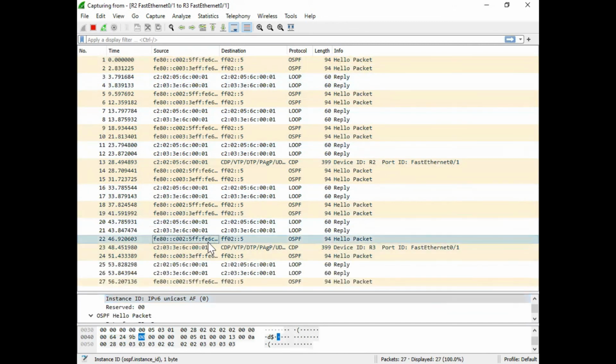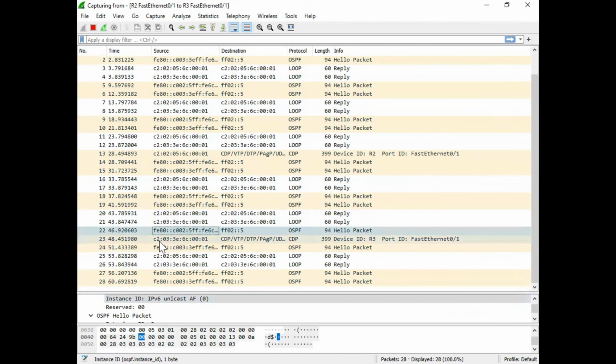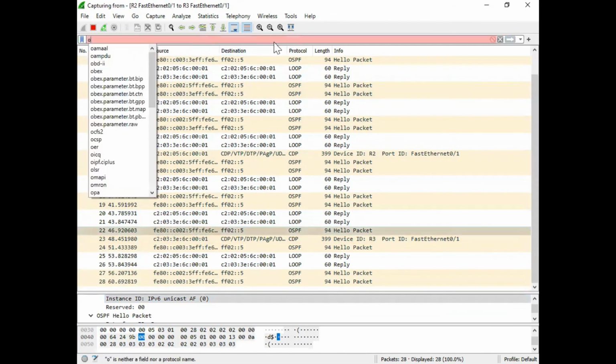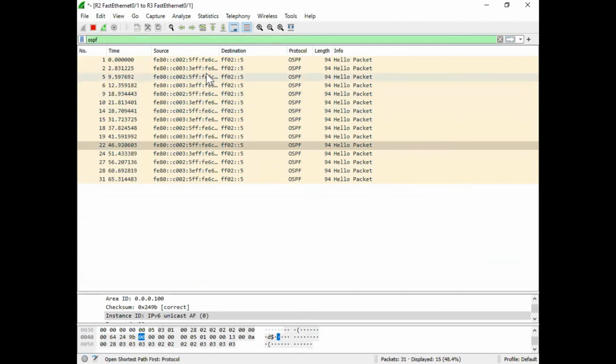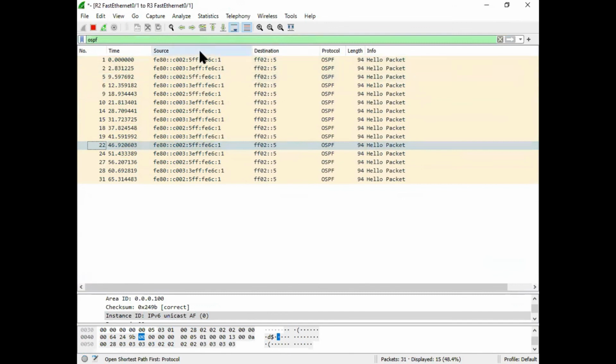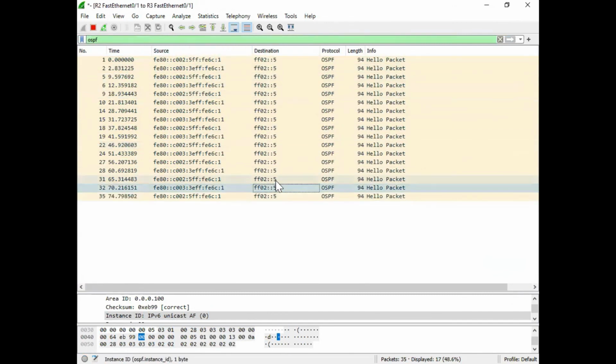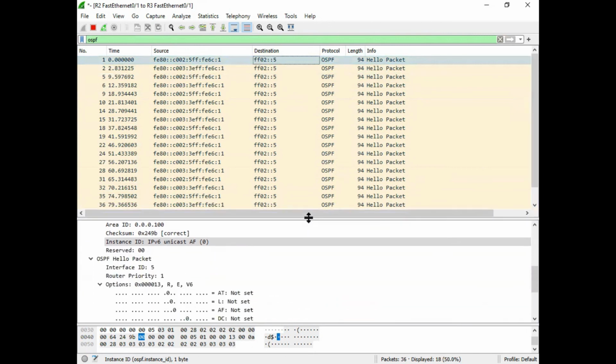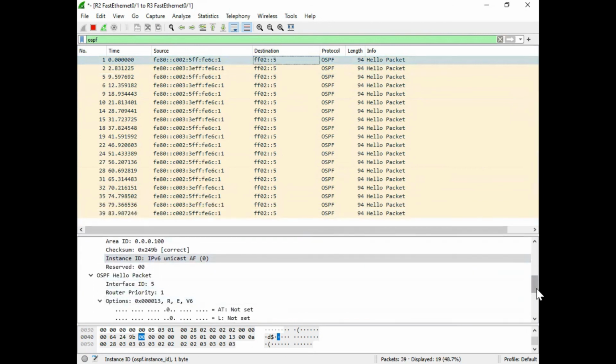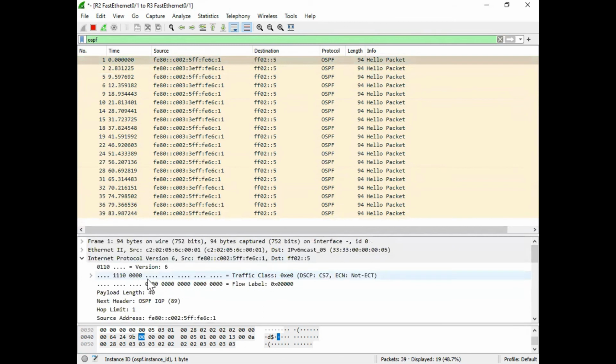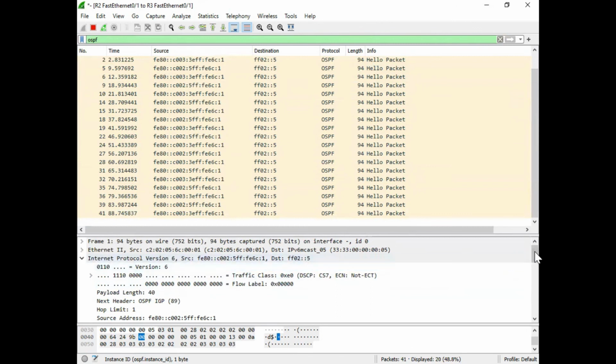But this time, if I sort out the OSPF, any of the hello packets are sourced by your link local address only. Only link local address. And the destination is FF02::5, which is like your 224.0.0.5 multicast IP. So this is the IPv6 version of multicast IP.